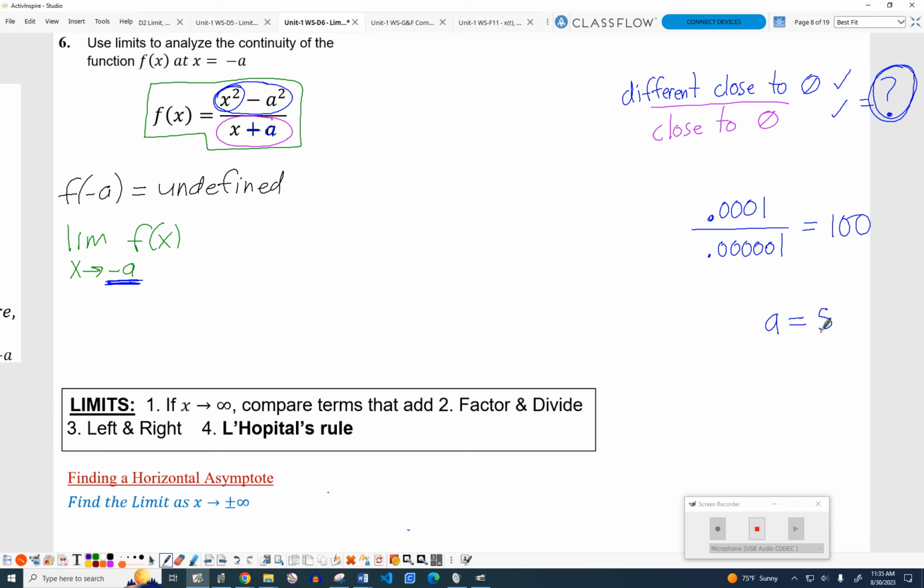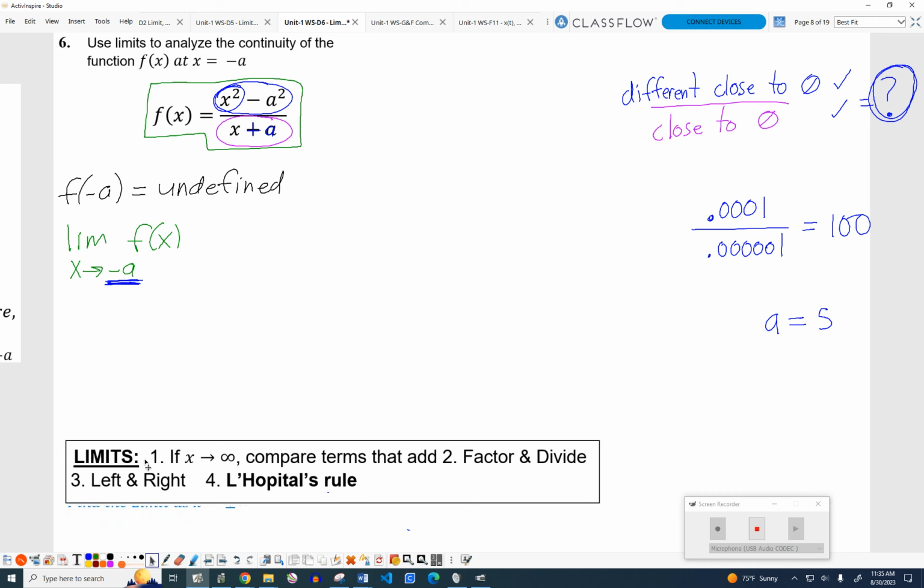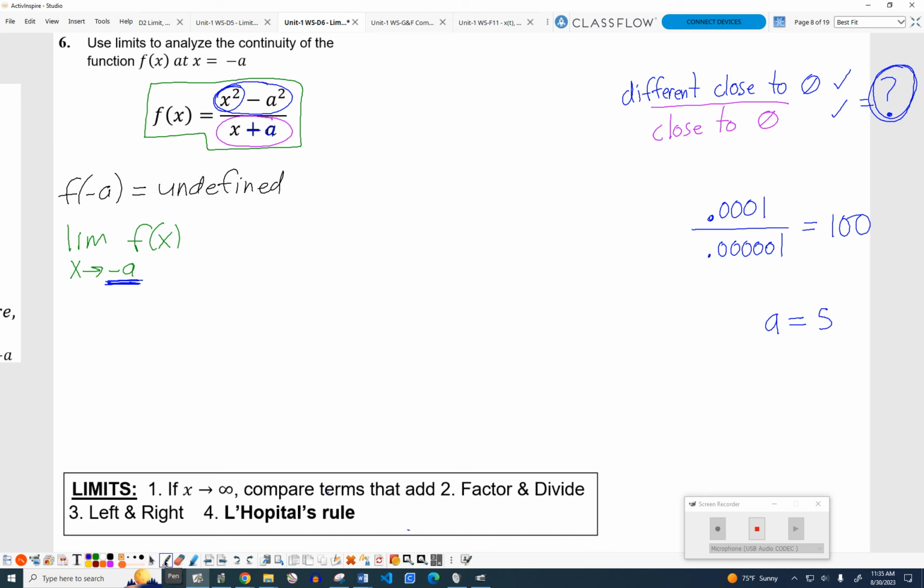So we go back. Come back over here, and we say, got to find the limit still, so let's factor. So we have the limit, x approaching negative a. This numerator can be thought of as one term minus another term.